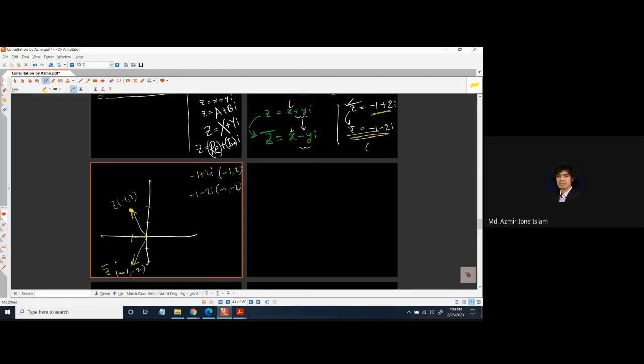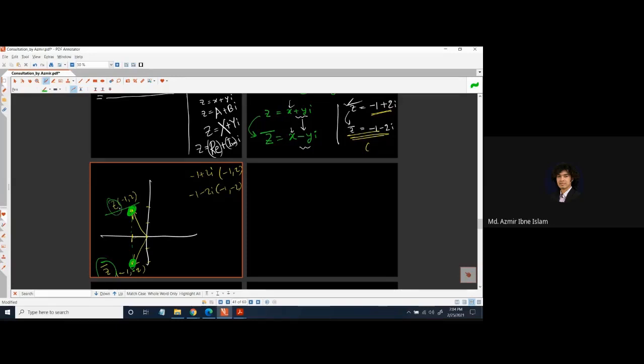You can work with some more examples, but the main thing is that the complex conjugate Z bar is the reflection of the original one. Z bar is the mirror of Z, and vice versa is also correct. Z is the mirror of Z bar.